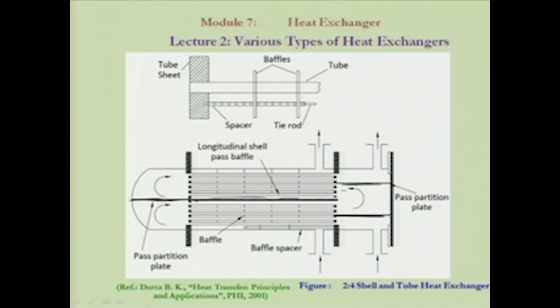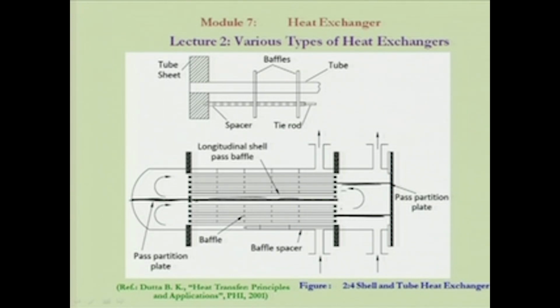So we can see it passes through 4 times, and to have these 4 passes we need to put 3 partition plates. While for 2 passes we had to put only 1 partition plate, here we had to put 3, placed on 2 different sides: on this side there are 2, and on the other side there is 1.